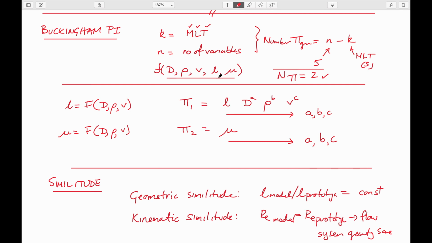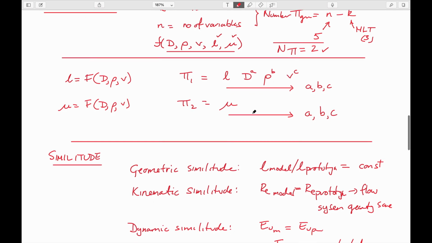And then the other free variables, in this case length and viscosity, are a function of these, and you can solve them in the formalism to be able to define exactly what these exponents are. Once you know what these exponents are for each of the pi groups, you end up with defining the dimensionless variables. Typically, for pipe flow, for instance, these pi variables would be Reynolds number and Euler number, 2 variables.